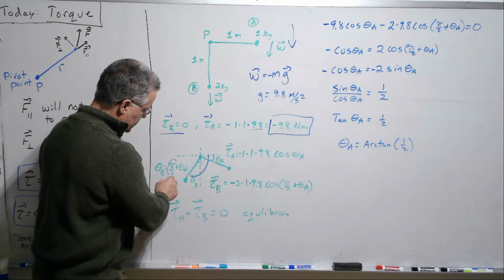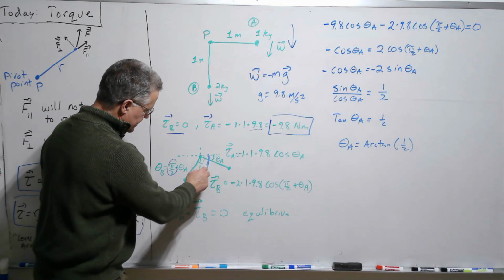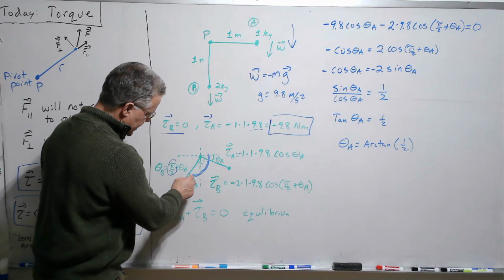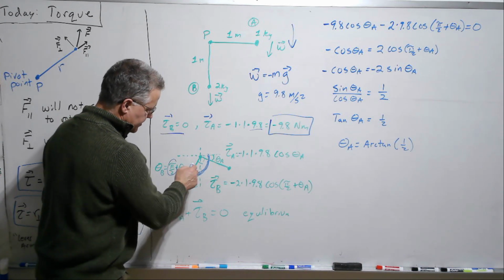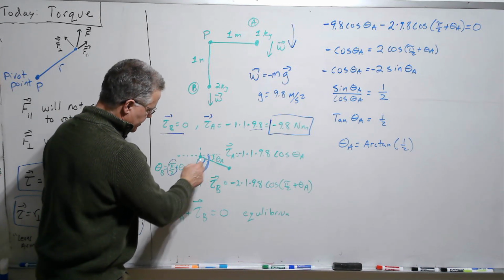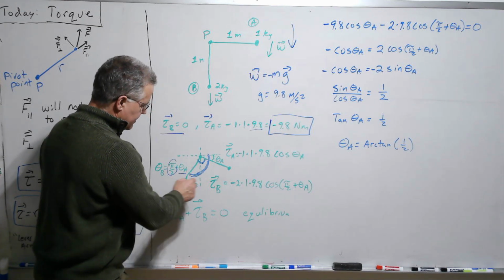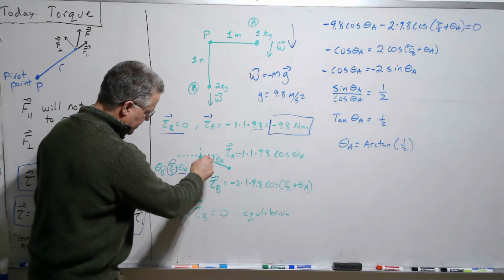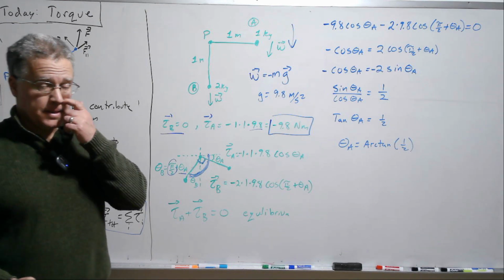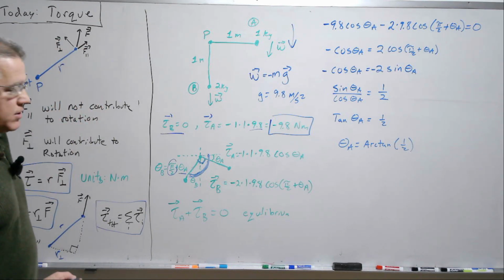That's going to be 2 pi, that's this bit, plus this remaining bit, which, because these are 90 degrees to one another, will be exactly theta A. So this total angle, theta B, will be theta A plus pi over 2.